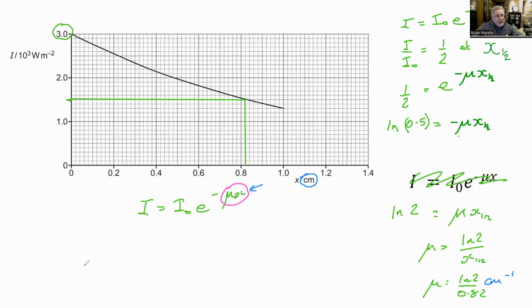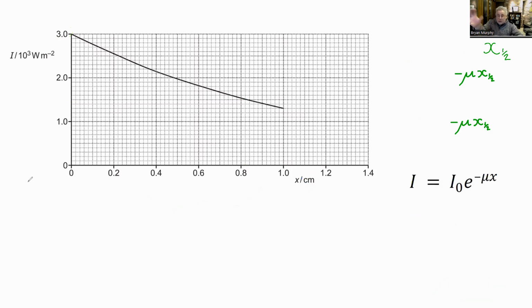Now, the other thing that we've got is, so that's what you do. You always do that. You find mu from that graph using the half thickness. Then that's your attenuation coefficient. But it turns out that the attenuation coefficient, mu, is proportional to the density of the material.